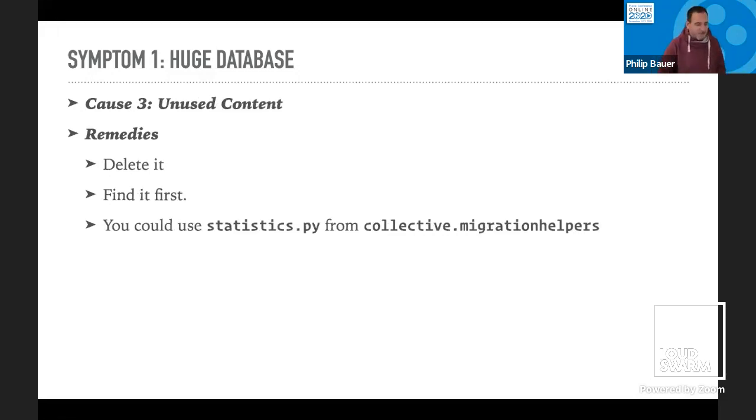Now the one you guessed was the first one, but actually that doesn't make up that many gigabytes in my experience, but there is still huge chances to have a lot of unused content, and obviously you just need to delete it. But the hard thing is to find it first. There is a handy example browser view called Statistics in Collective Migration Helpers that tells you, I don't know, there are 500 events from 2005, 600 events from 2007, and it shows you in which folder the most content is.